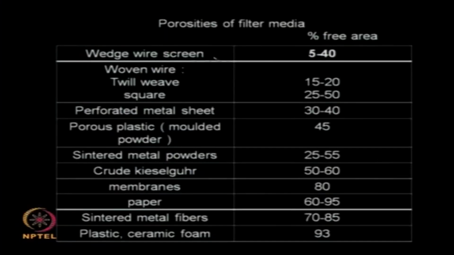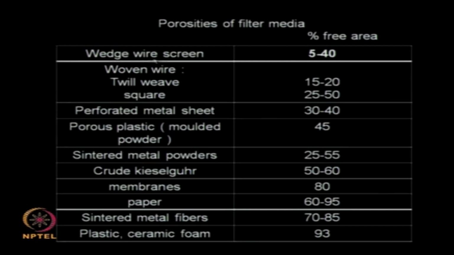So the cost of your filtration, the working capital I would say, depends on how many times in a year or month you replace this filter medium. So look at the porosities of these filter medium. It varies from almost 5 going up to 85% free area available actually.